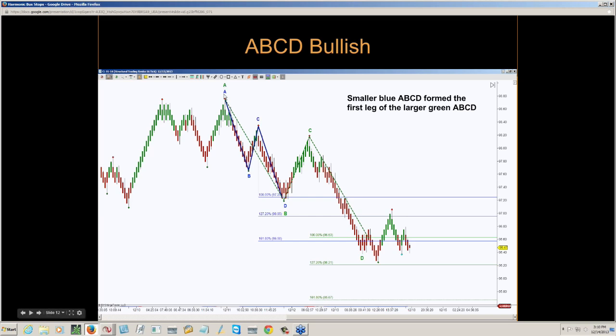I color coordinate the letters with the fibs, with any kind of comments, okay? So the blue lines are the blue ABCD, and as you can see, this was an AB equals CD and reversed, right? And that's probably, what, like a 50% retracement, which is still shallow, right? Because remember, really strong patterns like to retrace 100% or more.